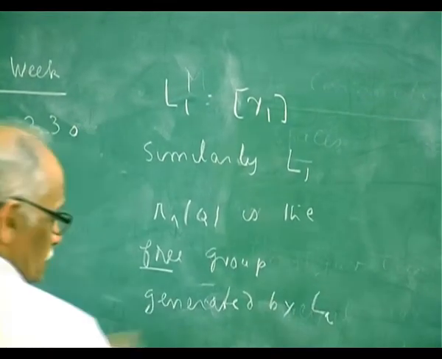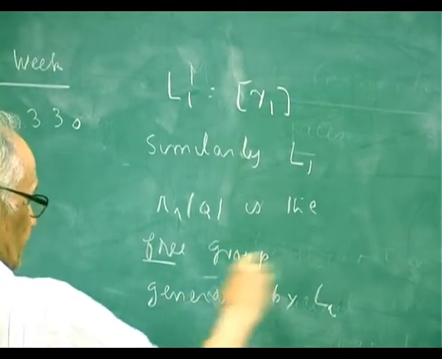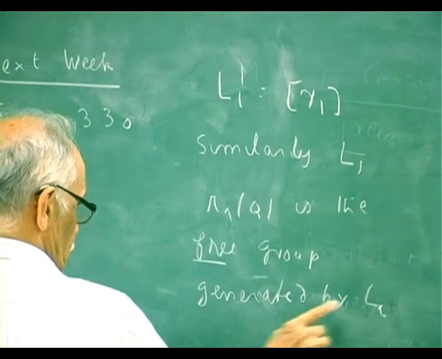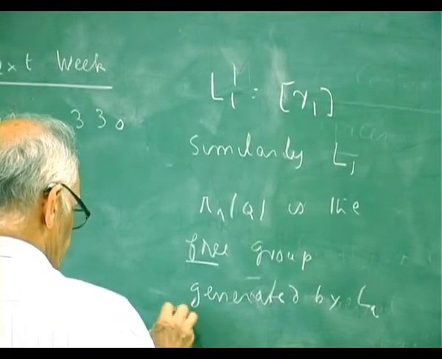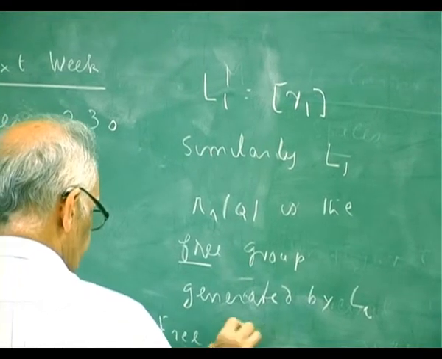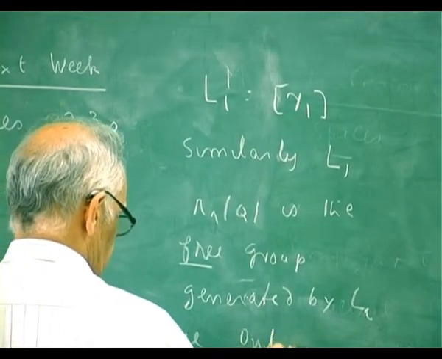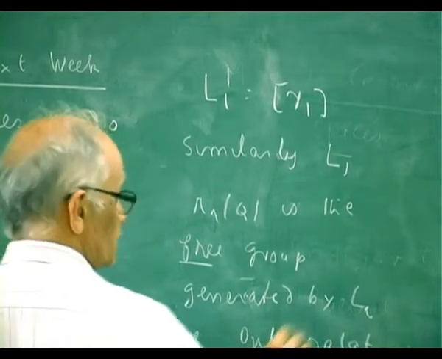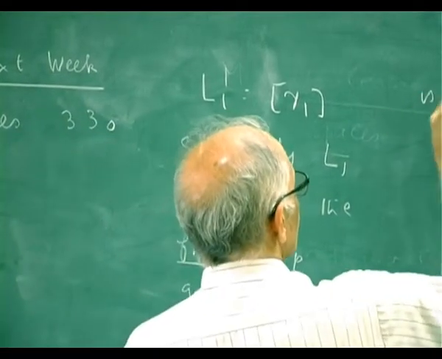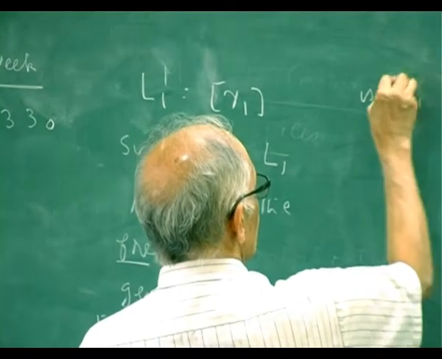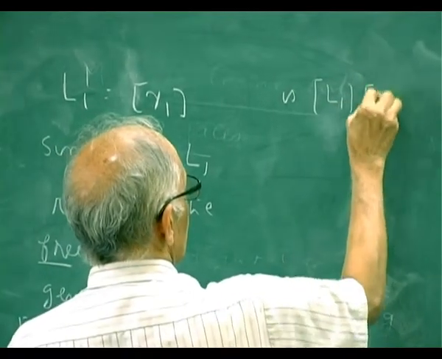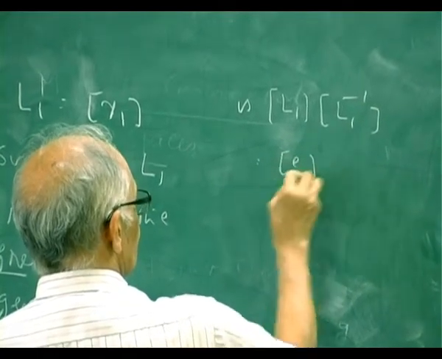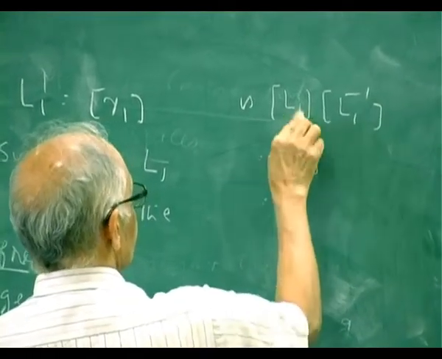Free means that the only relation is, okay, L1 times L1 inverse is identity. Li times Li inverse is identity.